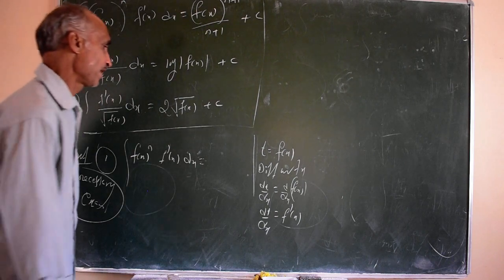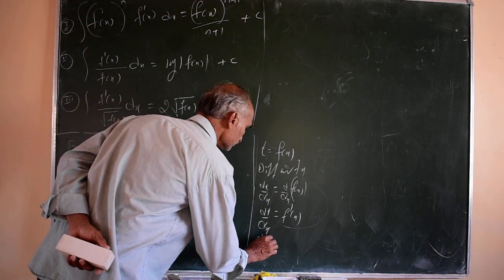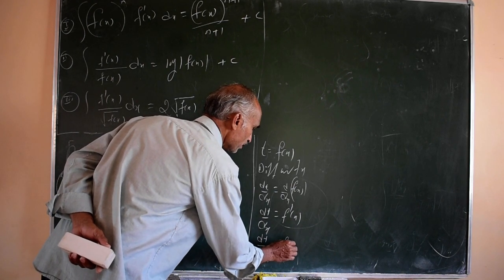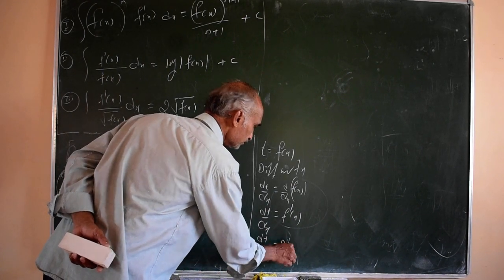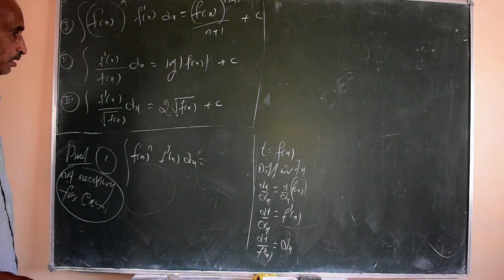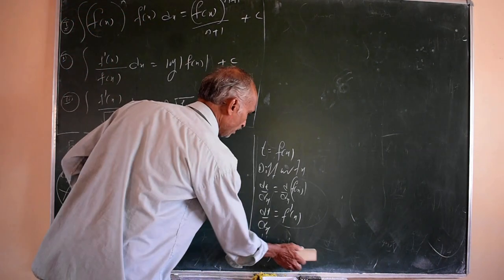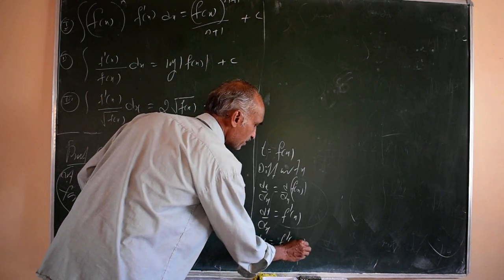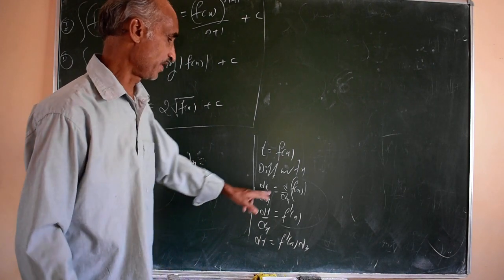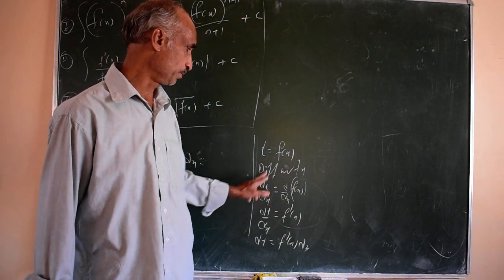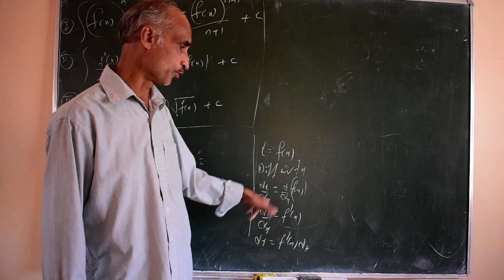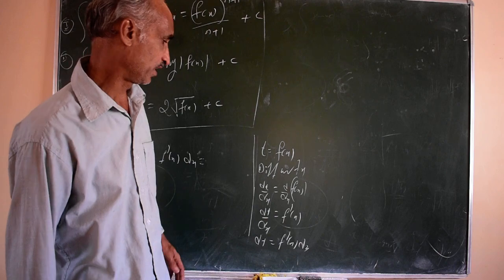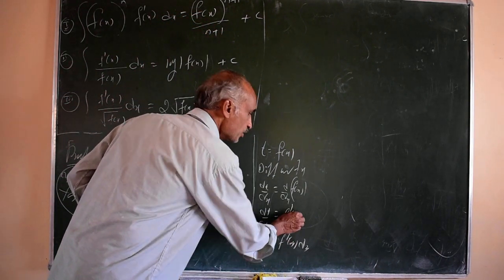Therefore, dt is equal to f dash of x dx. d by dx of f of x is f dash of x. Differentiating with respect to x means you have to take d by dx on both sides. Therefore, here it is dt by dx, here d by dx of f of x. Okay, dx is cross multiplied.